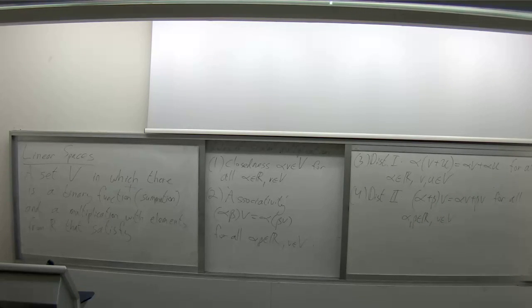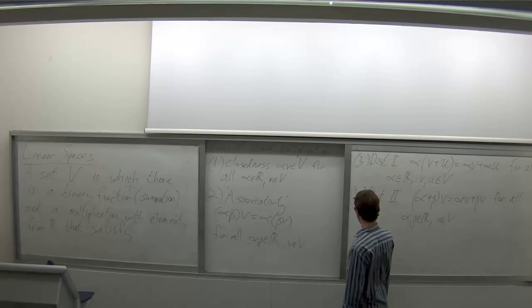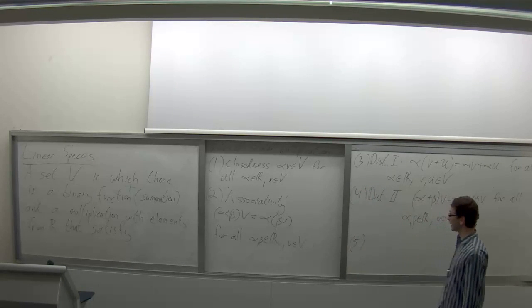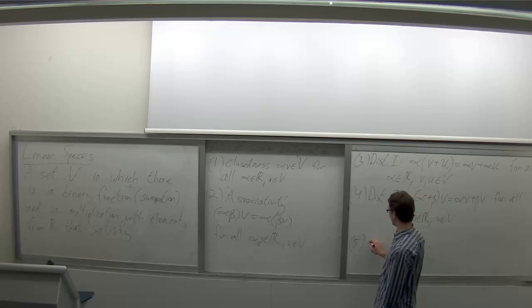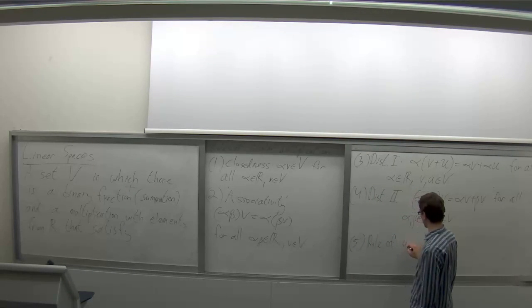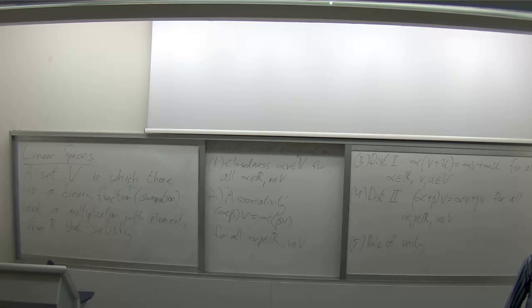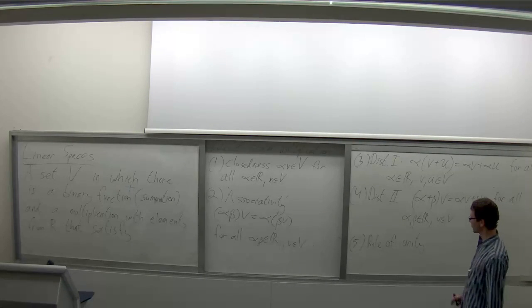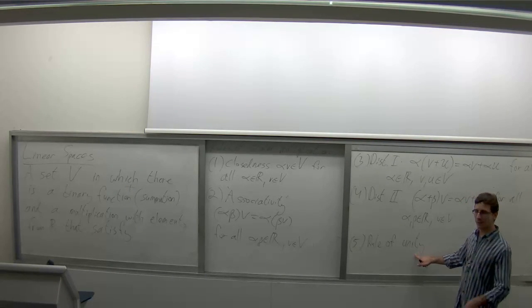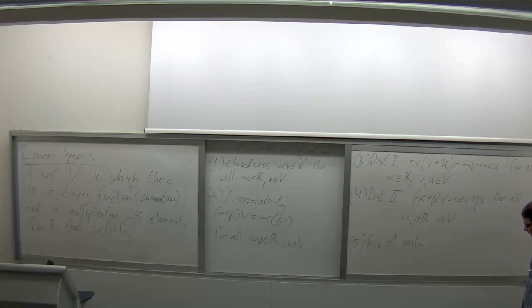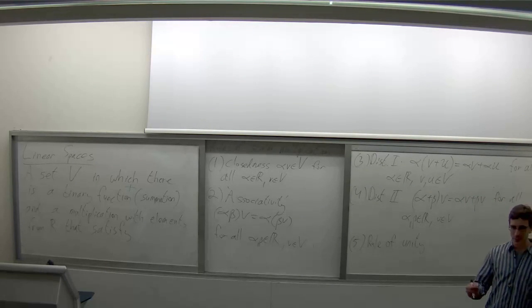And rule number 5 is called the rule of unity. So in R, there is the unit element, which is 1, and it has to be that if I multiply an element in V by 1, I get V back. Okay? So the unit element is the element which is neutral in multiplication.